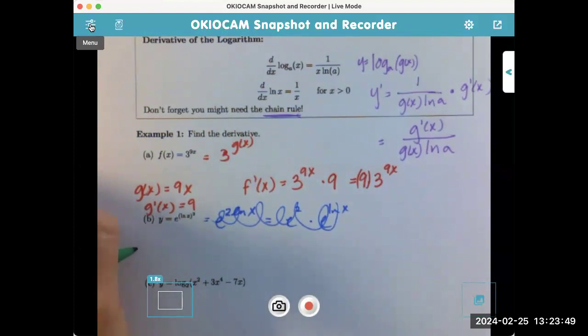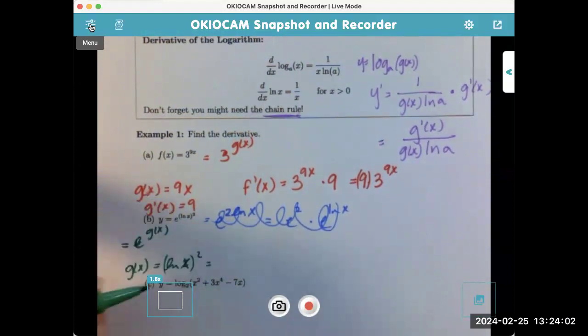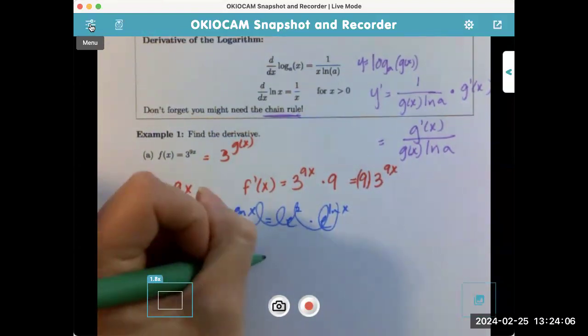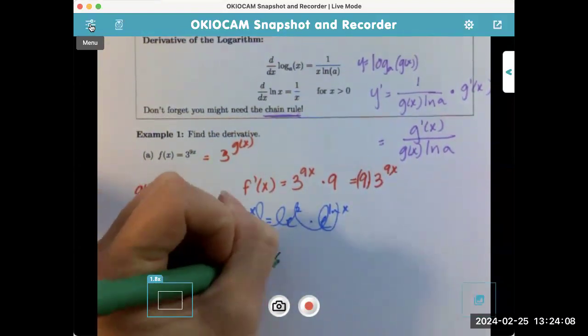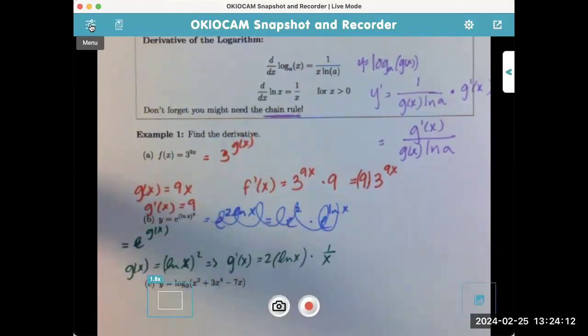So if we think of this as y equals e to the g of x, well, our g of x is the natural log of x quantity squared, which is chain rule for g prime, which says 2 times the natural log of x times the derivative, which is 1 over x.